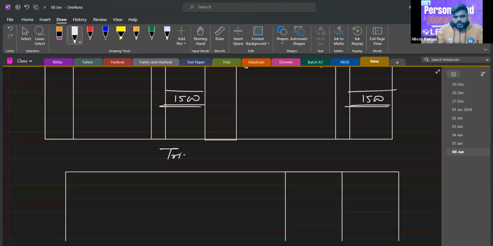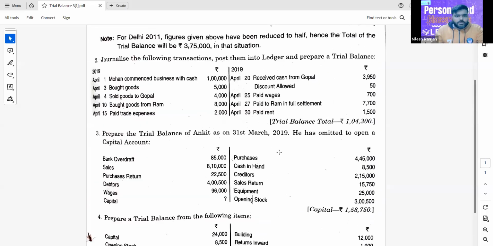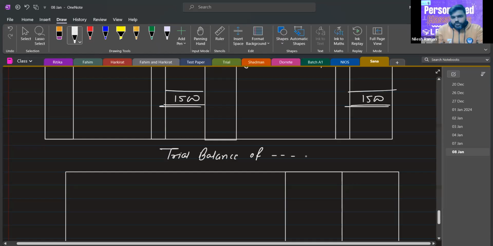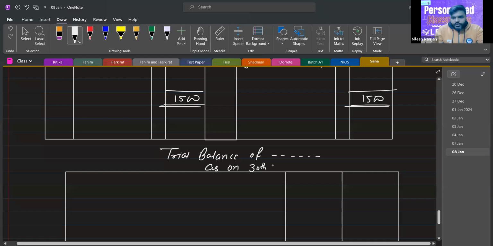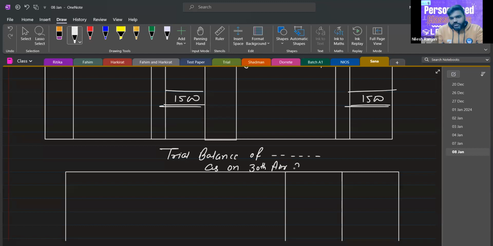We have to write the trial balance. The name of the person or company is not given, but the date is given as 30th April 2019, because only one month of transactions is given.